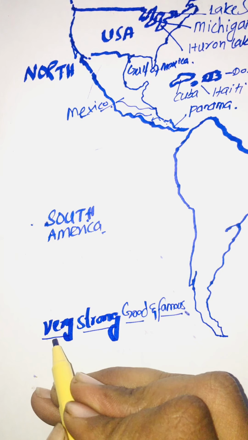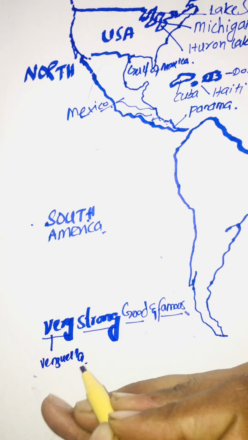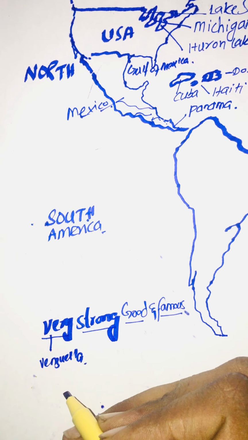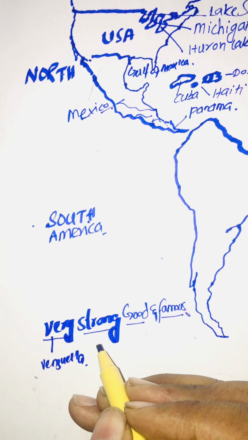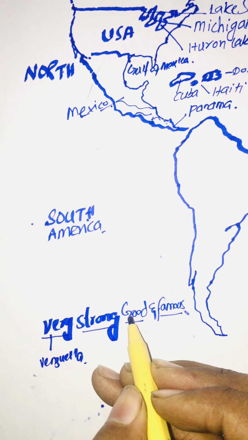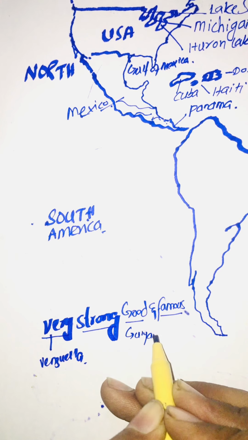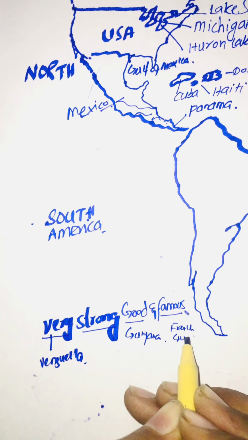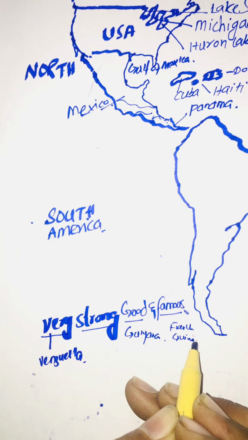It means V for Venezuela. Okay, hope you understand. And there are some other states, like G for Guyana, F for French Guyana, and S for Suriname.